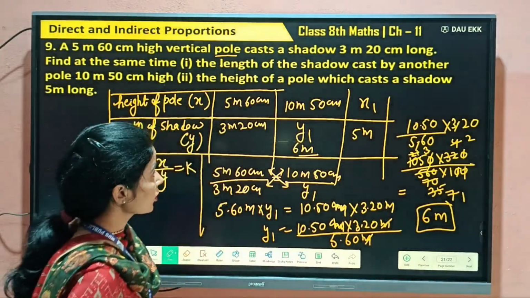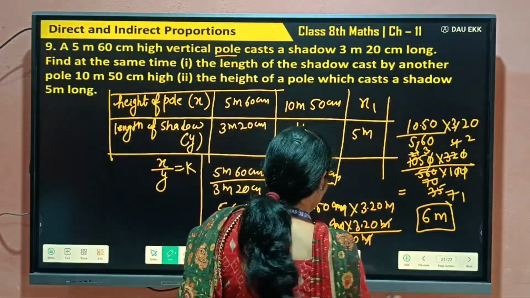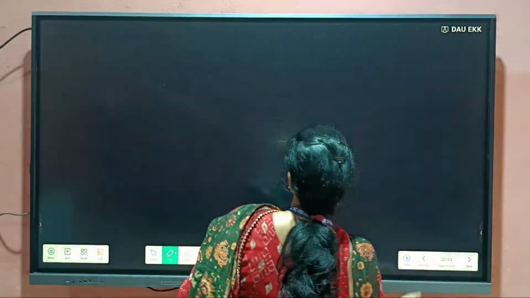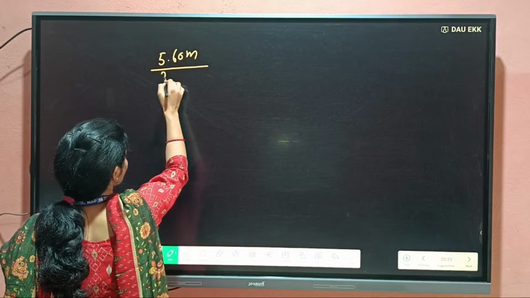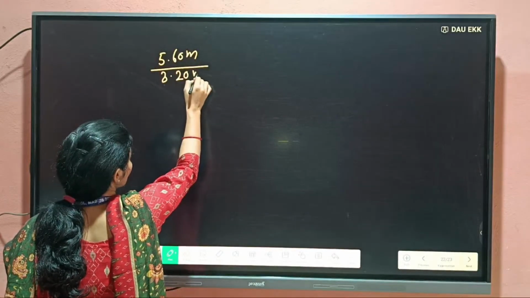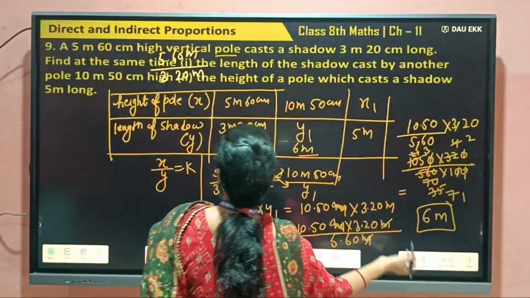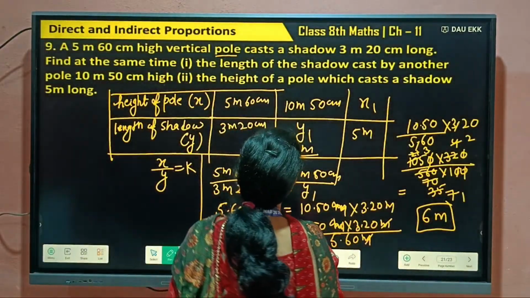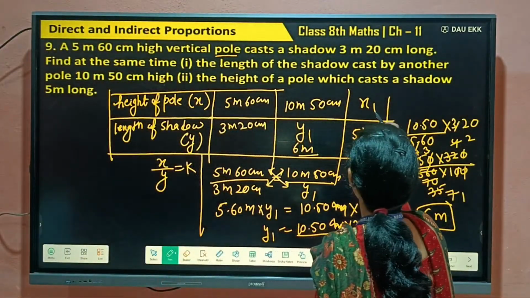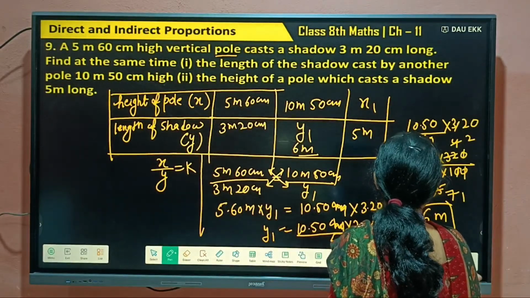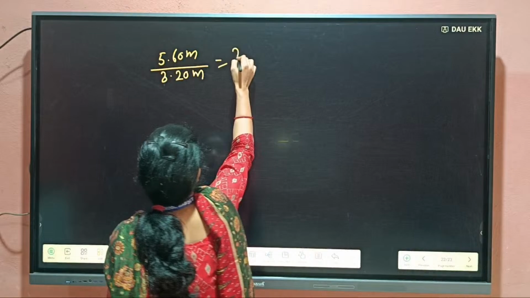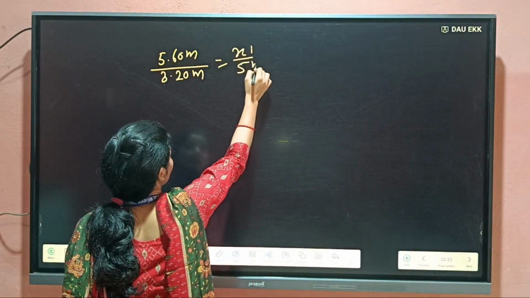Next part is, you can write 5.6 meter upon 3.20 meter equals x1 by 5 meter.